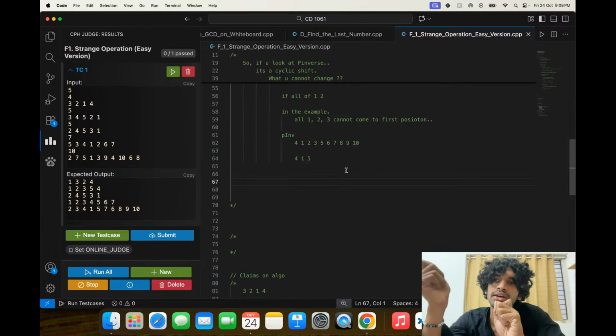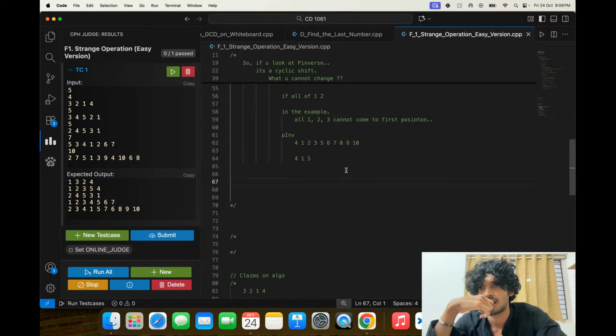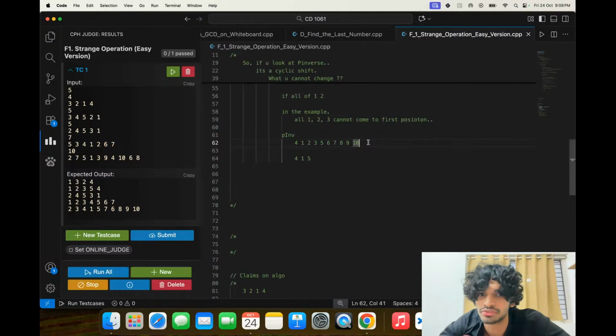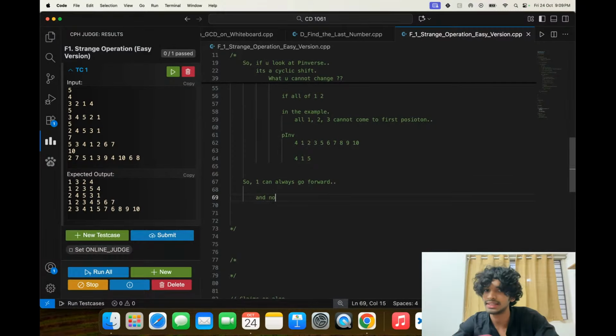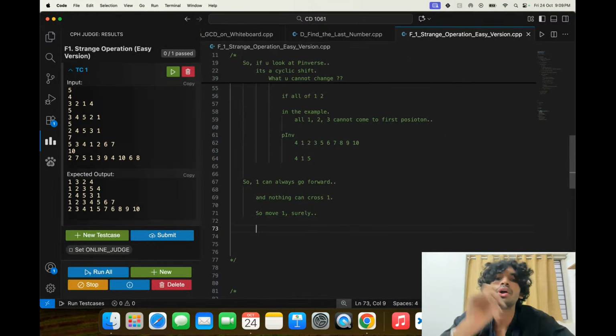Can anything bigger cross one? Nothing can cross one. So one can always go forward, and nothing can cross one. So move one, surely.